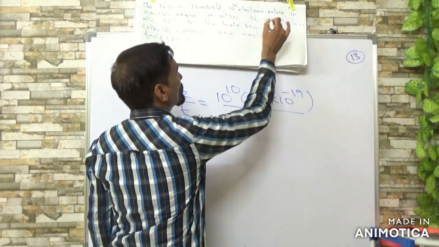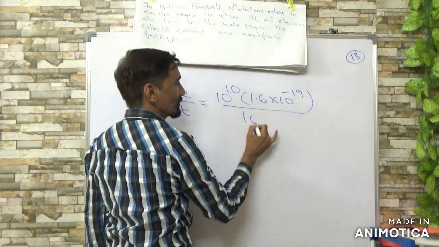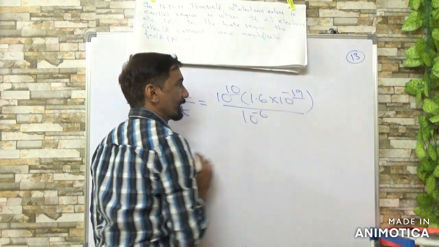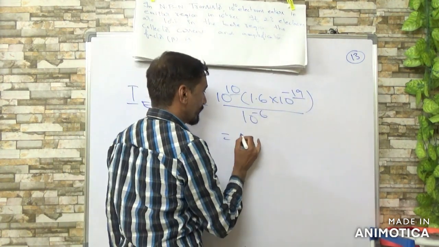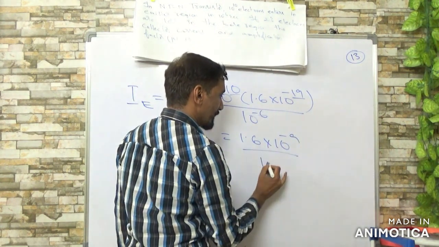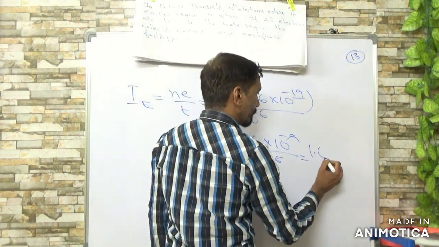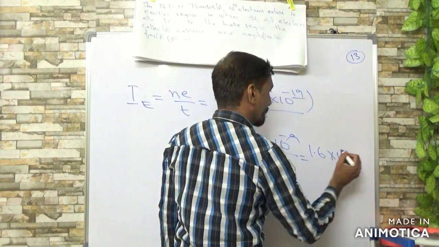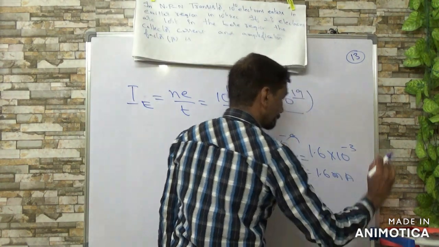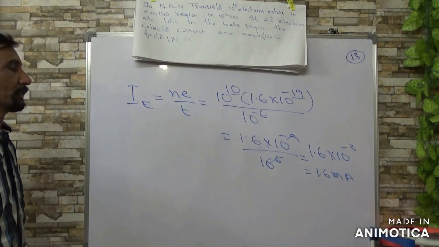In how many seconds? 10 power minus 6 seconds. No? So 1.6 into 10 power minus 9 by 10 power minus 6, na, cancelled. No? So 1.6 into 10 power minus 3. Okay? That is 1.6 milliamps, the total emitter current.